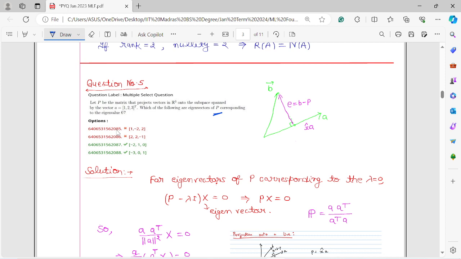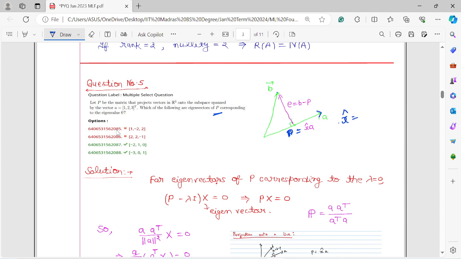If we take some vector B and we have to project this vector on the subspace spanned by the vector A, we have to draw a perpendicular line from this vector onto this subspace spanned by the vector A. And this projection will be equal to x cap times A, where x is some transformation matrix.